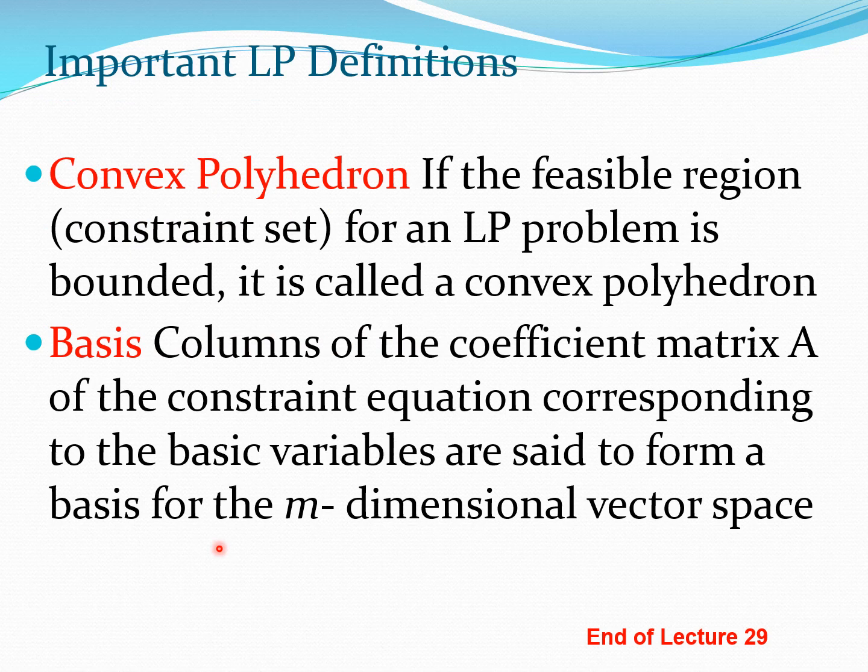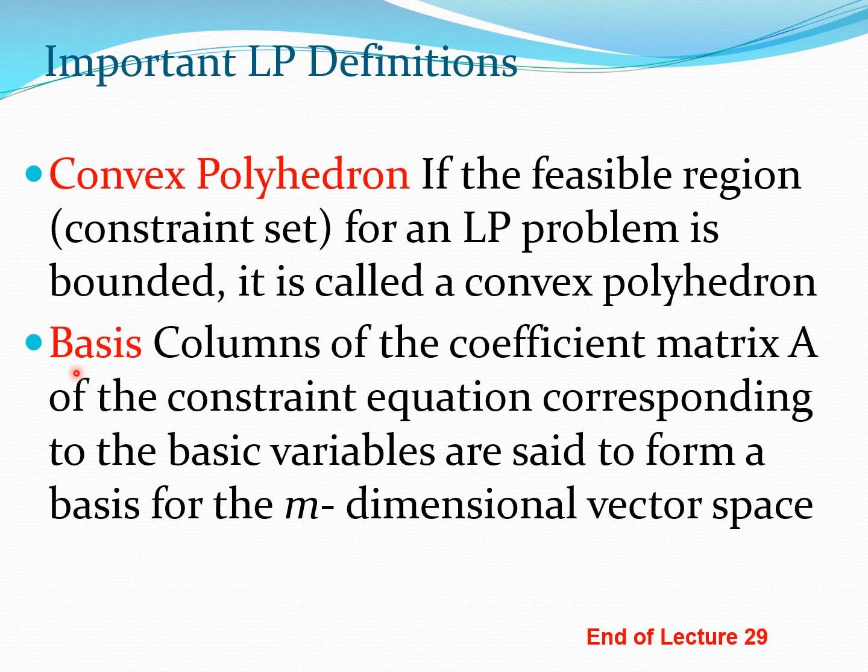There is also something known as a convex polyhedron, and this happens if the feasible region or the constraint set for the LP problem is bounded, then it is called a convex polyhedron. So essentially, like the typical trapezoidal figure I drew for a two variable problem, you extend it to n dimensions and then you start looking at this particular geometrical figure which is called the convex polyhedron.